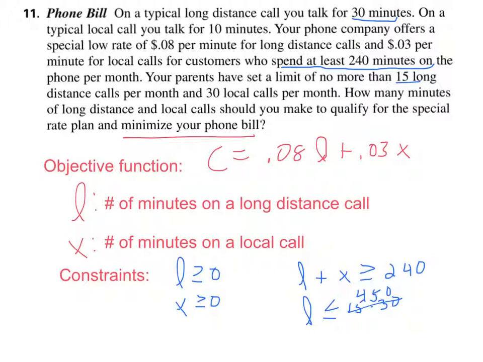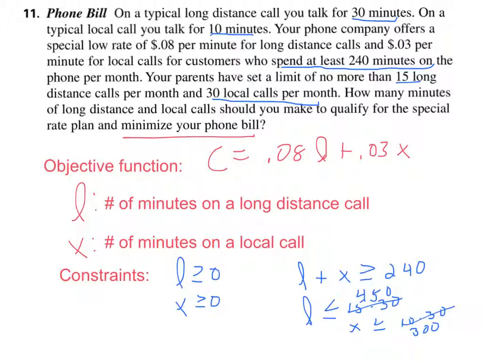Now I need to do the same process with local minutes, because my parents come along and also said that I can make only 30 local calls per month, and typically I'm on the phone for 10 minutes each time I make a local call. So that means that X has to be less than or equal to 10 times 30, and that's an easy math problem you can do in your head. 10 times 30 is 300.